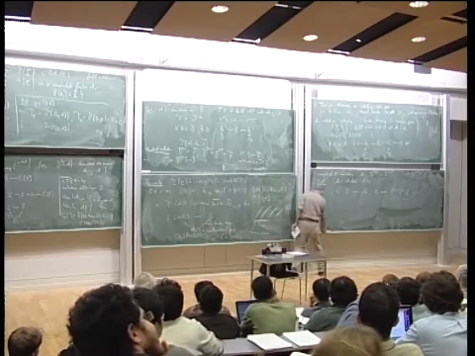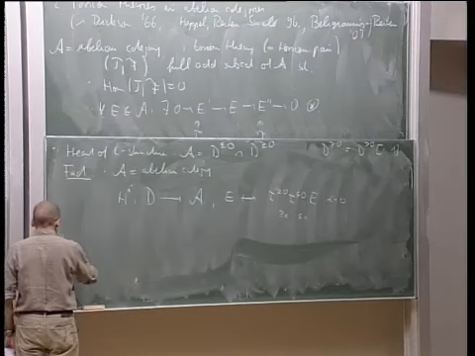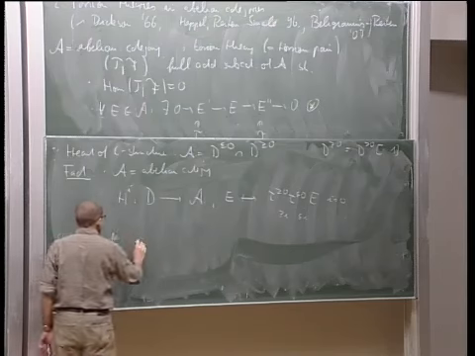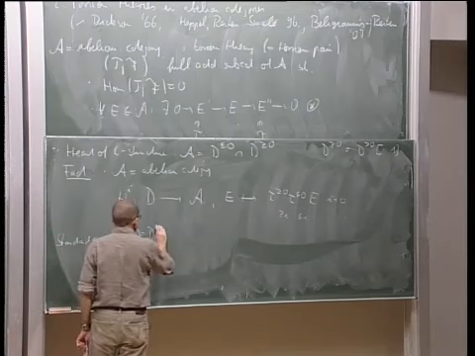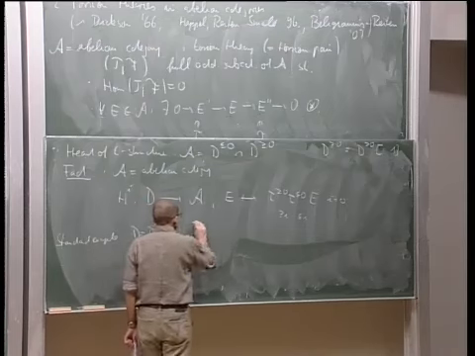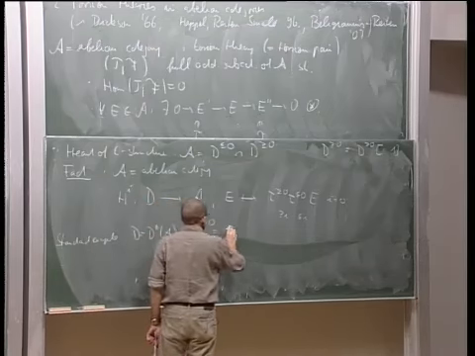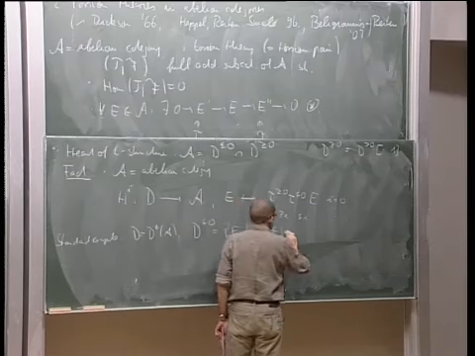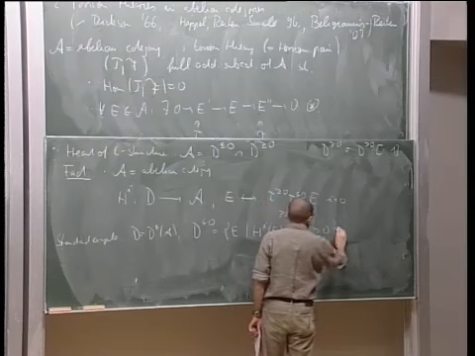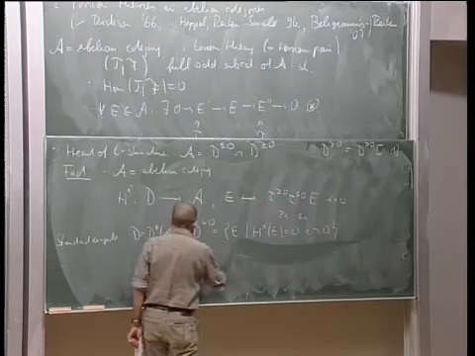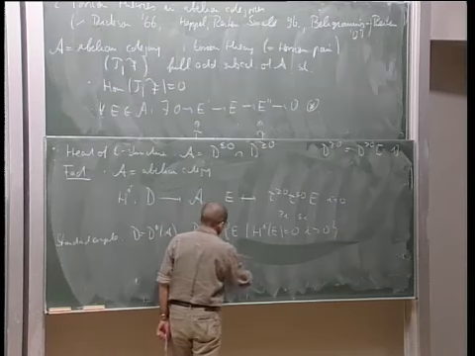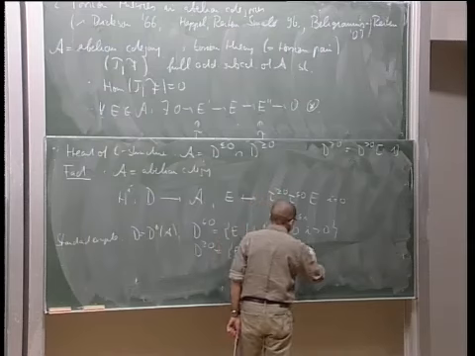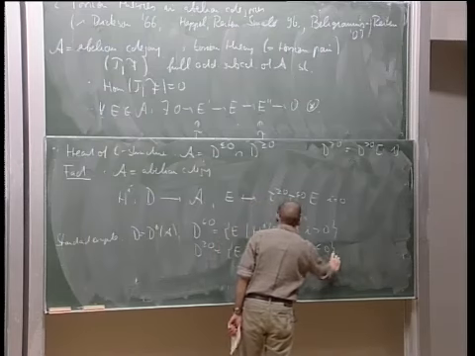So maybe the standard example is, of course, D equals the bounded derived category, for instance, and I take this one to be the subcategory of objects with cohomology concentrated in negative degree, and then this one would be the one concentrated in positive degree.